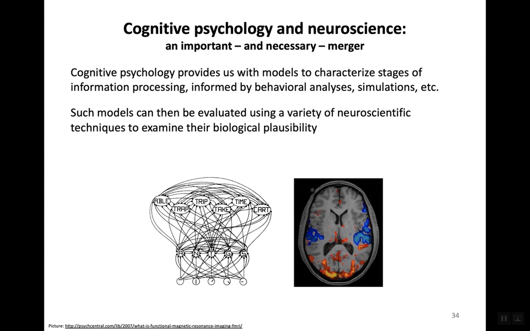Hence, there is necessity and value in looking at the brain and trying to discriminate between those hypotheses. The use of neuroscientific evidence is there not just for the purpose of providing additional evidence for some theories, but in many cases to provide decisive evidence for one theory versus another.